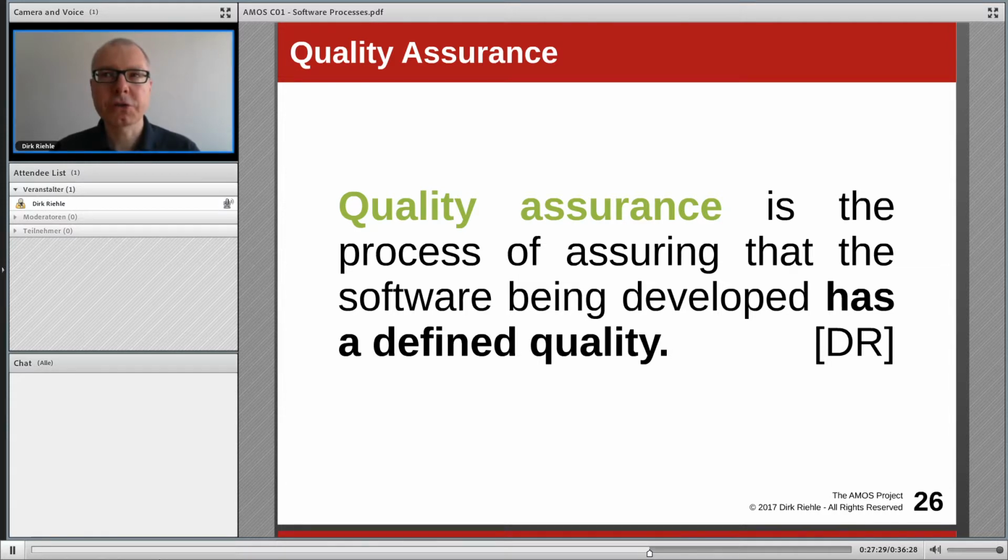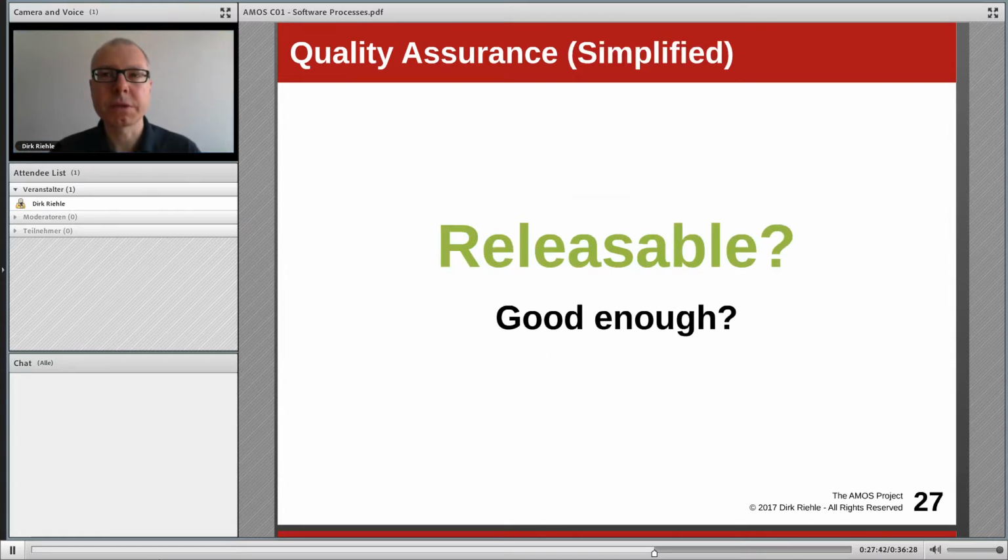Finally, there is quality assurance, and it's the process of assuring that the software being developed matches or meets a certain defined quality. And obviously, it's left open here what quality means. Mostly, again, simplifying, but mostly it means in real life software development, is it good enough to meet the expectations of a market or a particular customer and to make them happy.